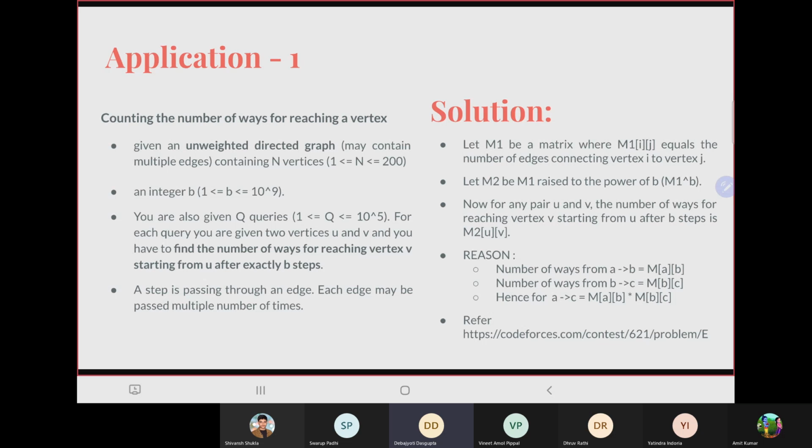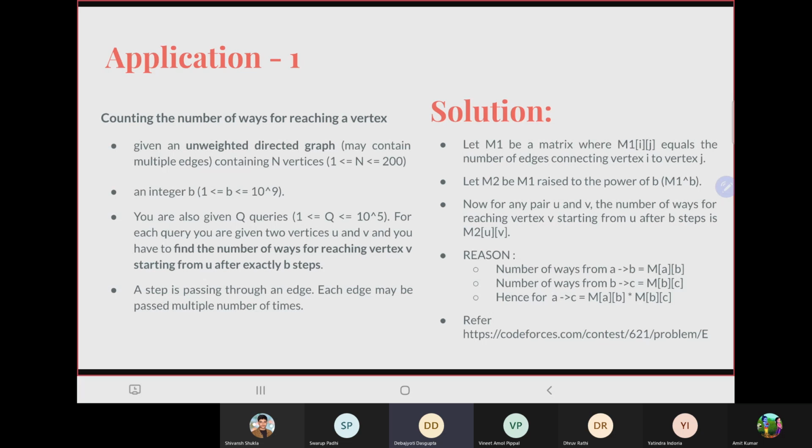How can you take the power b? Using the binary exponentiation method that we discussed earlier. And why does taking the product give me a result for this?